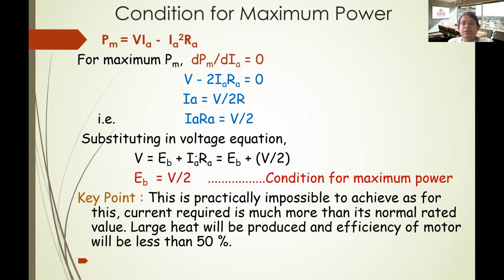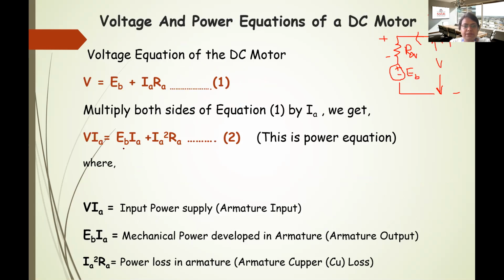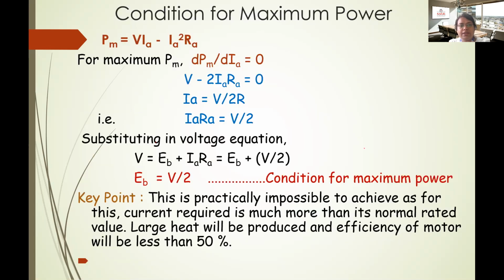If we find out the condition of maximum power, what is the value of power? V into Ia, the power input, is equal to Eb Ia plus Ia square Ra.